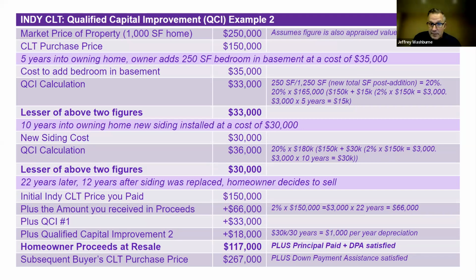I added that value to the property, and $18,000 for the remaining life of the siding, which means that when I go to sell, I'll receive $117,000, and the next buyer is going to purchase the property for $267,000, which is the $150,000 that I paid plus the $117,000 that I'm walking away with when I sell my property, for a new sales price of $267,000.